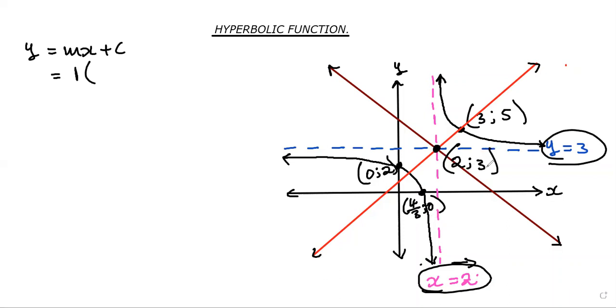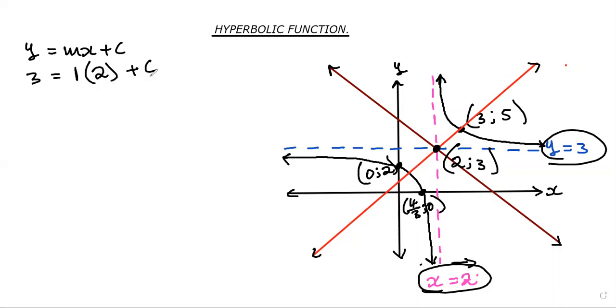So 2 and 3 is the point of intersection. So you'll say 3 equals 1 times 2 plus c. 1 times 2 is 2.